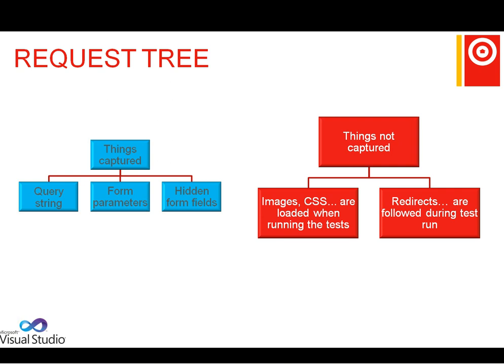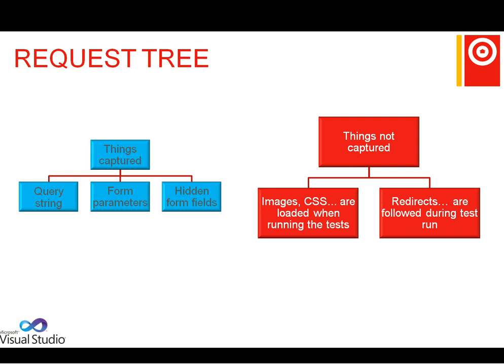There are also a number of objects that are not recorded. These include images, cascading style sheets, JavaScript, and other resources. Note that these resources are detected and downloaded at runtime in order to make the loading of the system realistic. Also note that redirects are followed at runtime.